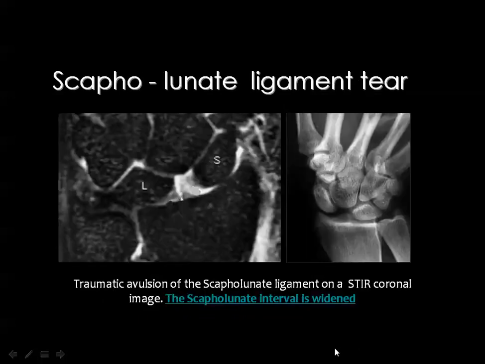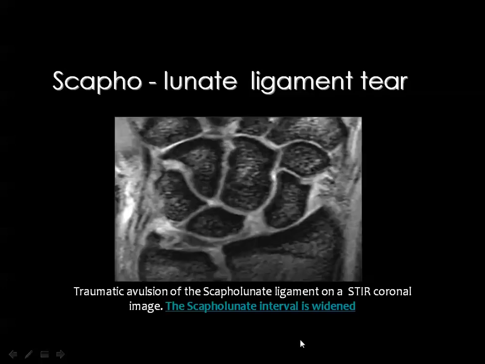You can suspect a scapholunate ligament tear from the plain X-ray whenever you see that the space between the scaphoid and the lunate is abnormally wide, and this is known as the scapholunate interval. If it is like this, then you suspect injury of the scapholunate ligament, and you can see it by MRI. This is the scaphoid, this is the lunate, and this is the site of the tear.